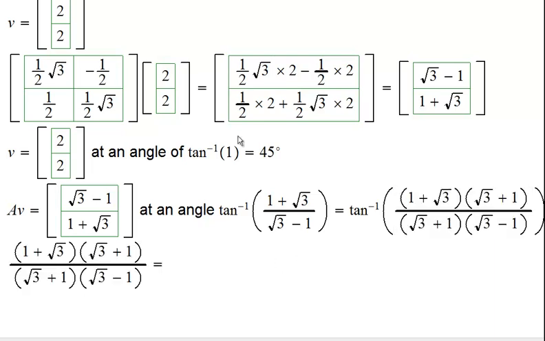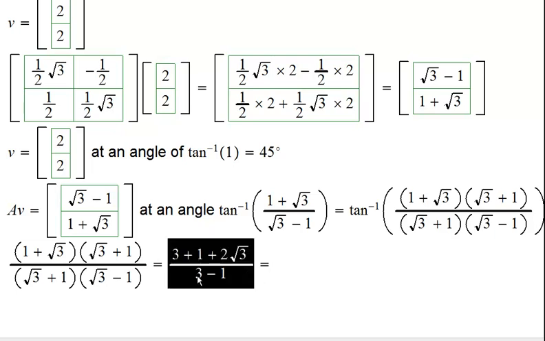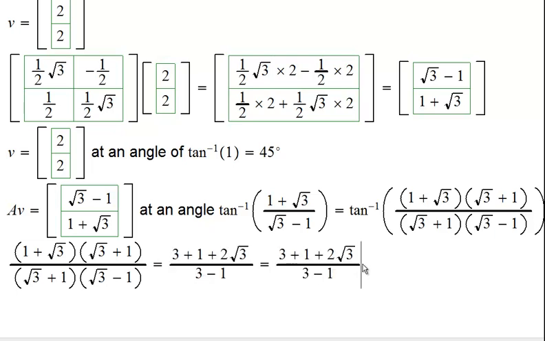Let's just FOIL it. So it will be 3 plus 1 plus 2 square root of 3. And downstairs we have 3 minus 1, that is 2. So this will be 4 plus 2 square root of 3 over 2, that is 2 plus square root of 3.